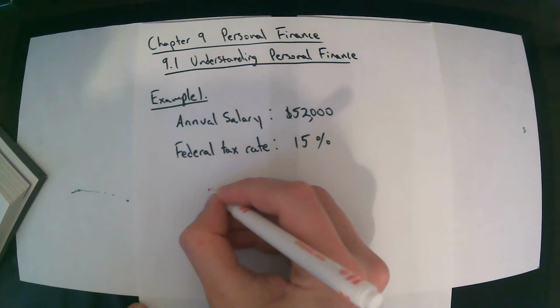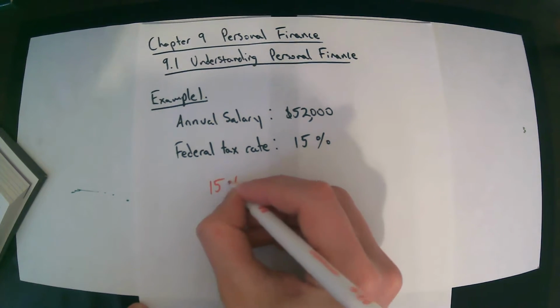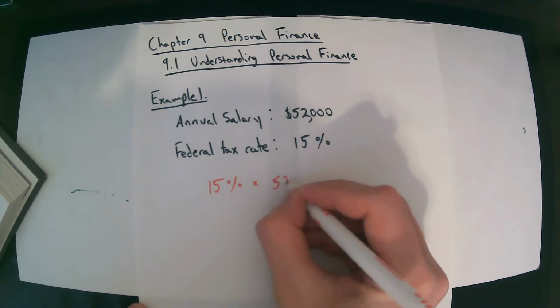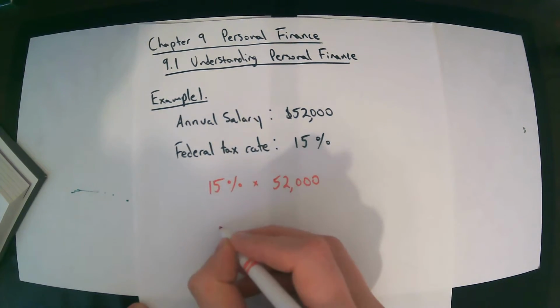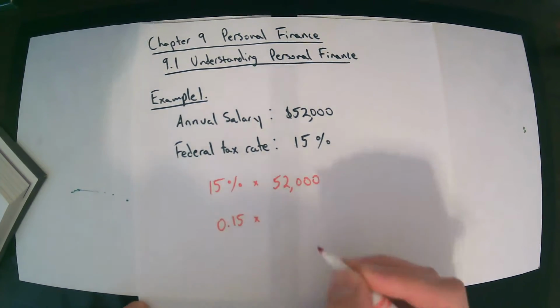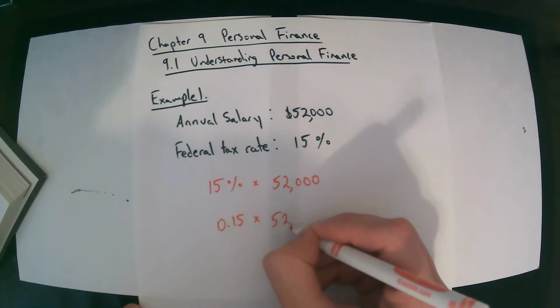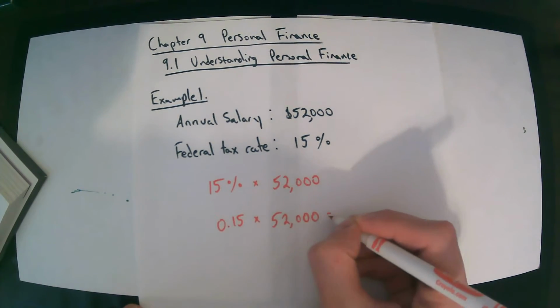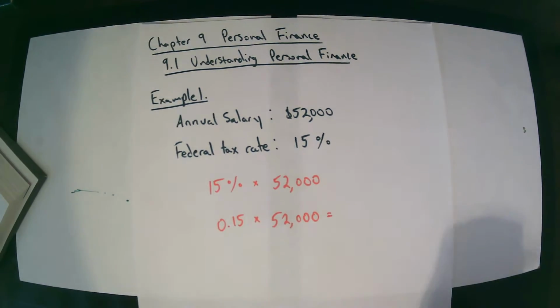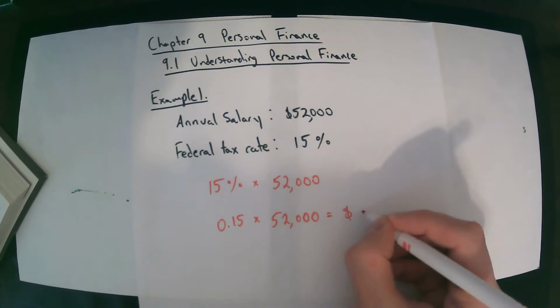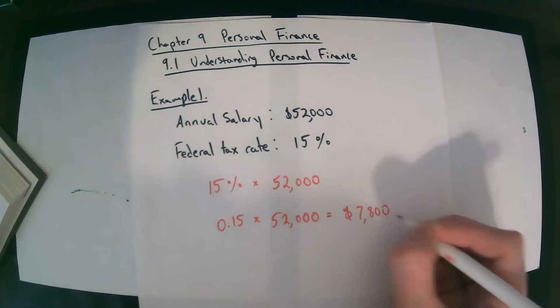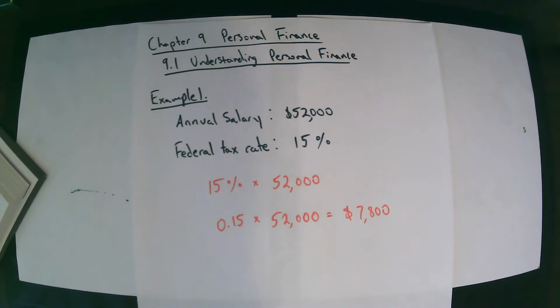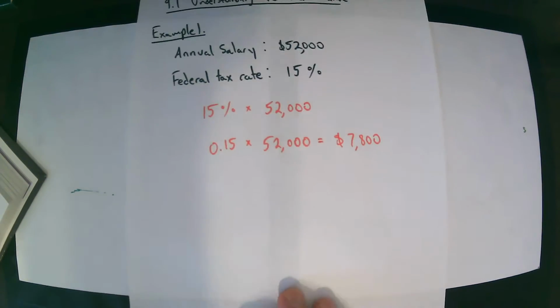So we're going to have 15% times 52,000, which is the same as 0.15, converting it to a decimal, times 52,000. And the calculator tells us that that is $7,800. So that's how much of her income will go to federal taxes per year, assuming this annual salary.